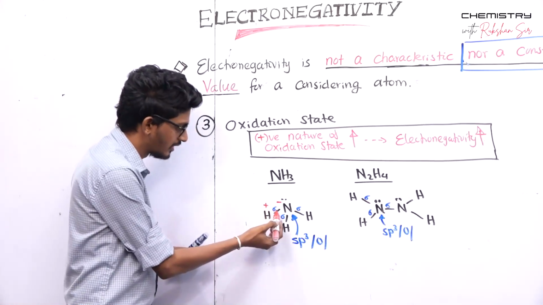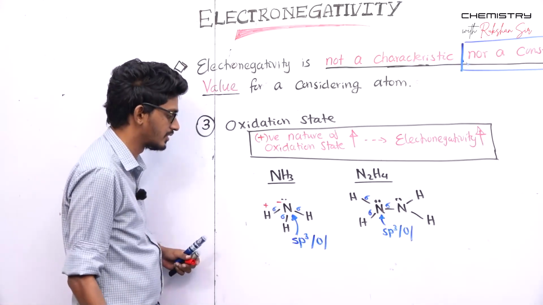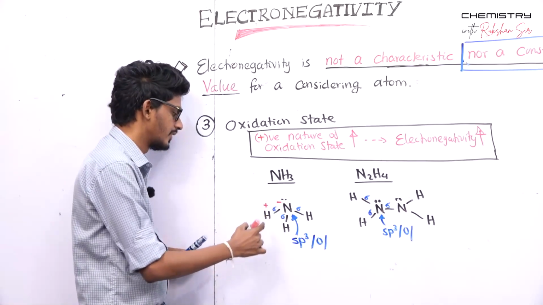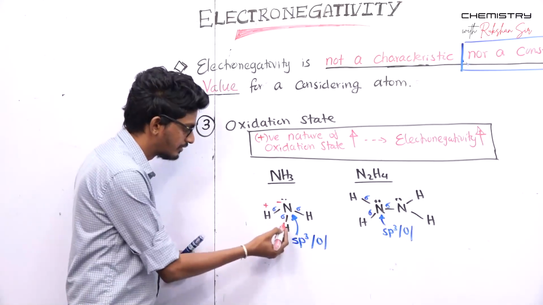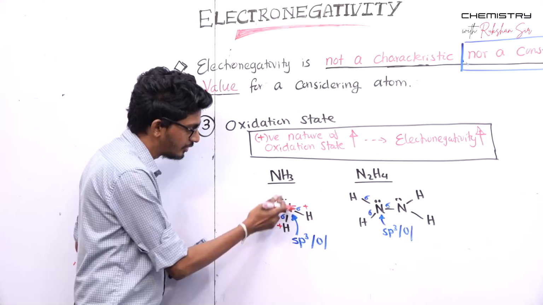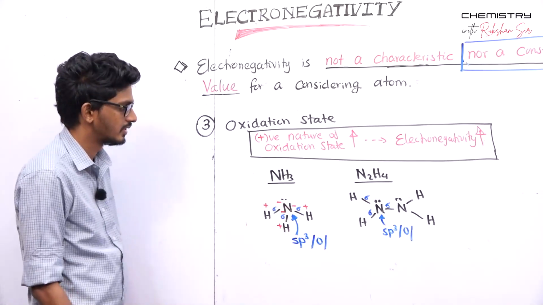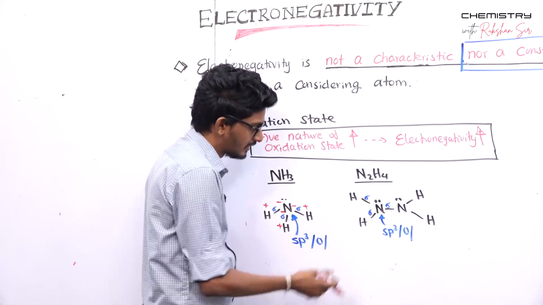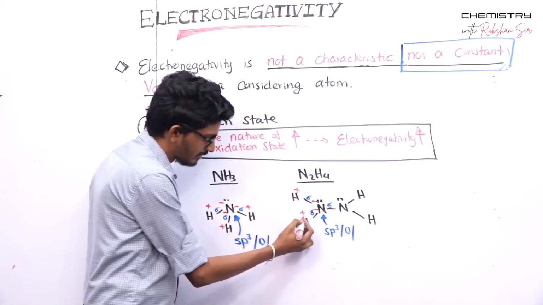If both the electrons come towards nitrogen, this gets a negative charge and this gets a positive charge. For this one, it is again minus and plus. The more electronegative atom gets a minus, the other atom gets a plus for a covalent bond. For these, this is minus, this is plus.